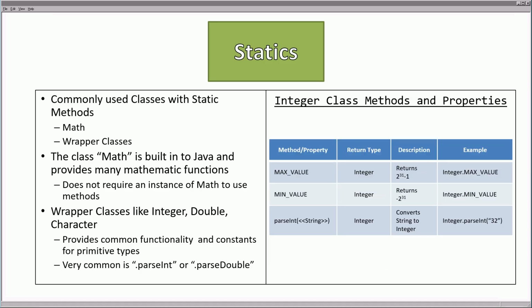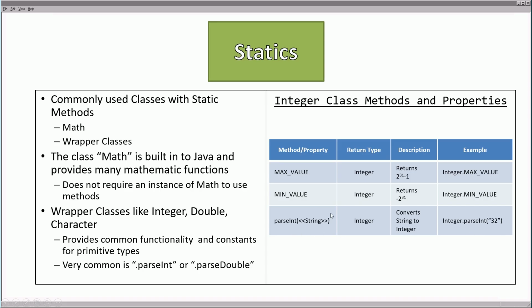Another kind of class that uses static methods are the wrapper classes. Wrapper classes basically wrap around primitive types and provide very common functionality and constants for these types. One that we've seen before is Integer. One of the most common methods that we've seen in our examples is parseInt, which is static because notice, this is the class, and this is a call to the method.